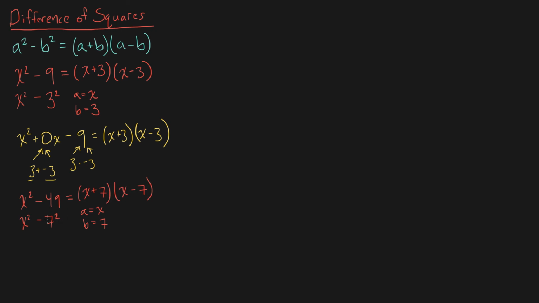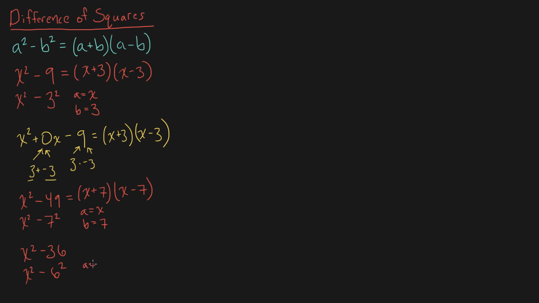Let's do one more. Let's say I have x squared subtract 36. 36, just like 49 and just like 9, is a perfect square, which means it's the product of a number multiplied by itself, and that number is 6. So x squared subtract 6 squared. Again, I've just rewritten this expression into an equivalent expression with 6 squared instead of 36.